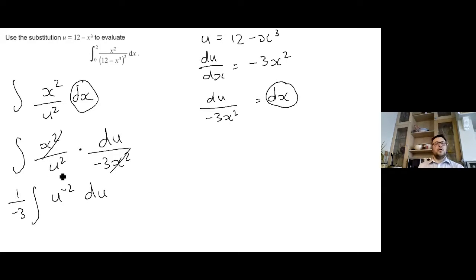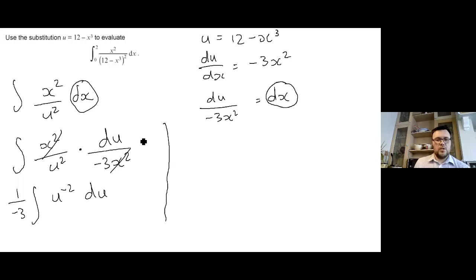Now you've got your one unknown instead of two, which is u, and you're integrating with respect to that u. That du means that. So if I put a line down here, so I've got space. Then you would increase the power.